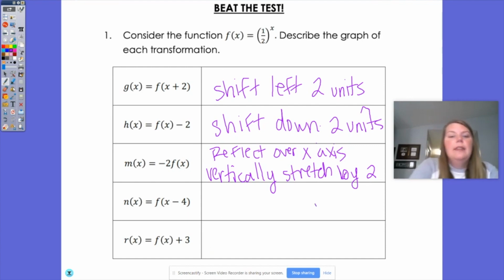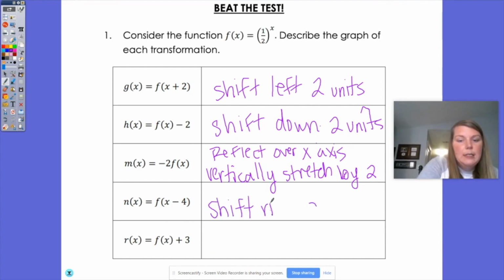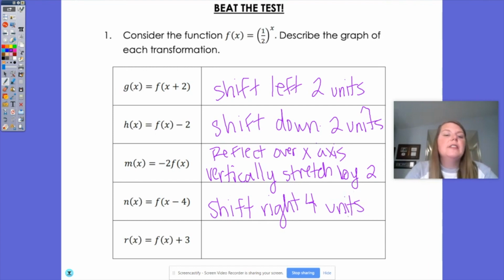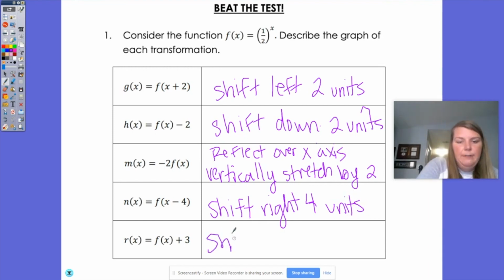Subtracting 4 inside the parentheses is going to shift our graph right 4 units. And then our last one is plus 3 outside the parentheses, and that's going to shift our graph up 3 units.